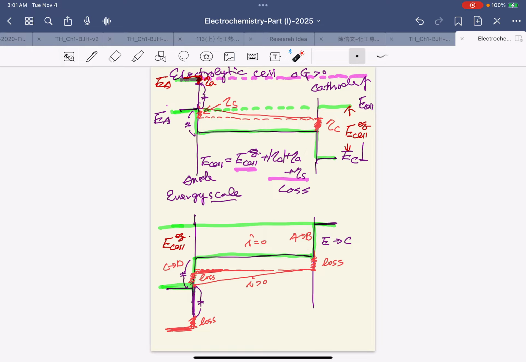But since you want to convert electric energy to chemical energy, if you want to convert the same chemical energy, since we need to consider loss, we need to add more energy. So the electron energy will lose more. Not only the thermodynamic part, but you need to include the kinetic loss as well. Then in the solution, because now you want to move the ions, the ion transport also needs energy. So you also have an energy loss in the solution part.